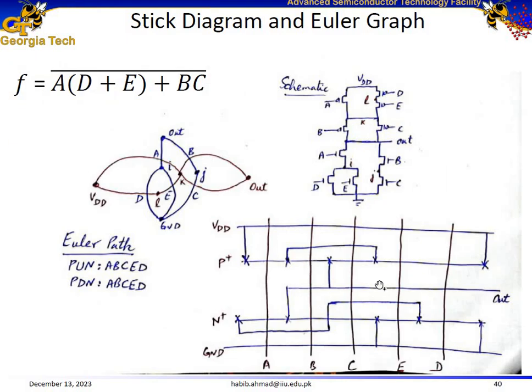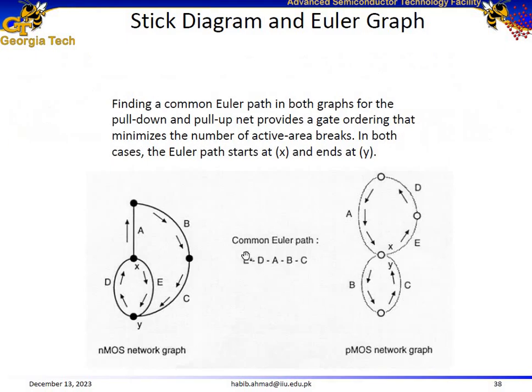But another solution for that could be A, B, C, E, D. It works for the pull-down network, and it works for the pull-up network as well. So so far we got two Euler paths, two solutions for the Euler graphs.